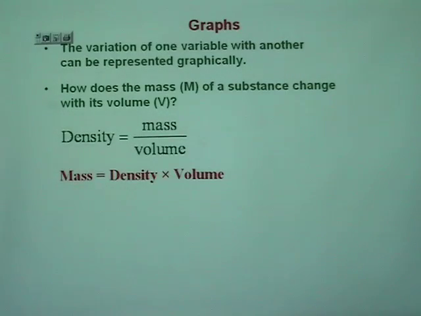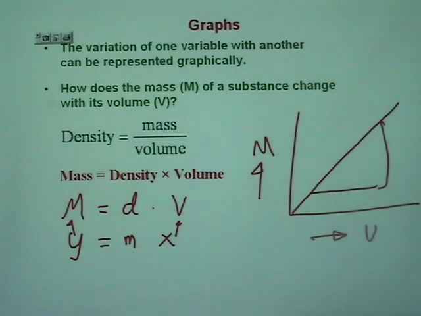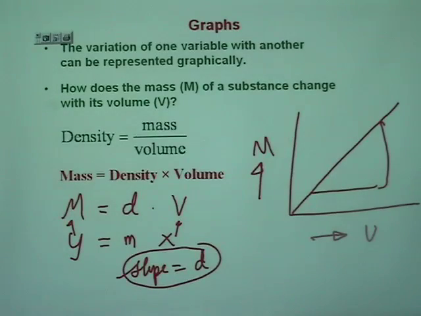I can write it as mass equal to density D multiplied by volume. Now, isn't this equation the same as y equal to mx? So, if I draw a graph of volume on the x-axis and mass on the y-axis, that will be a graph like this. If I measure the slope of that graph, the slope of the graph will give me the density. You see how simple it is.